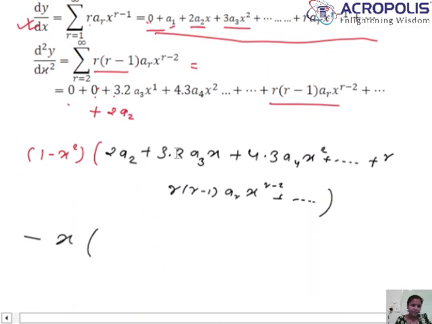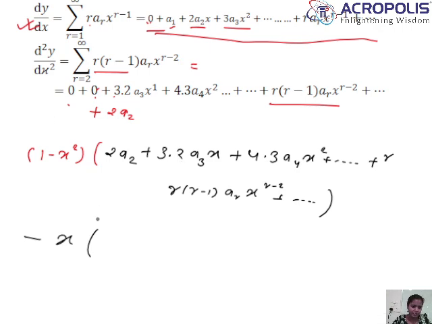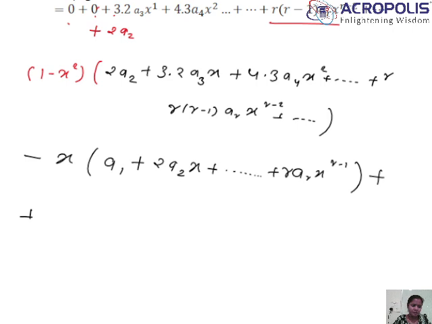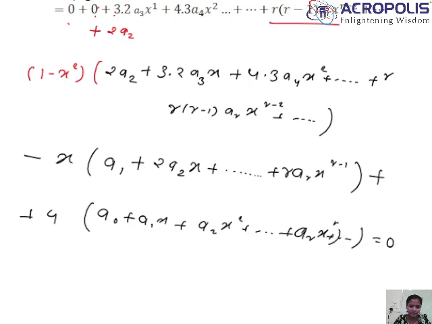What was the value of dy by dx? See this: the a naught term is 0, there is no meaning to write the 0. So a1 plus 2 a2 x plus 3 a3 x square and so on, r into a_r x to the power r minus 1, this bracket is closed, plus 4 into y, that is a naught plus a1 x plus a2 x square and so on up to a_r x to the power r up to infinity, is equal to 0.